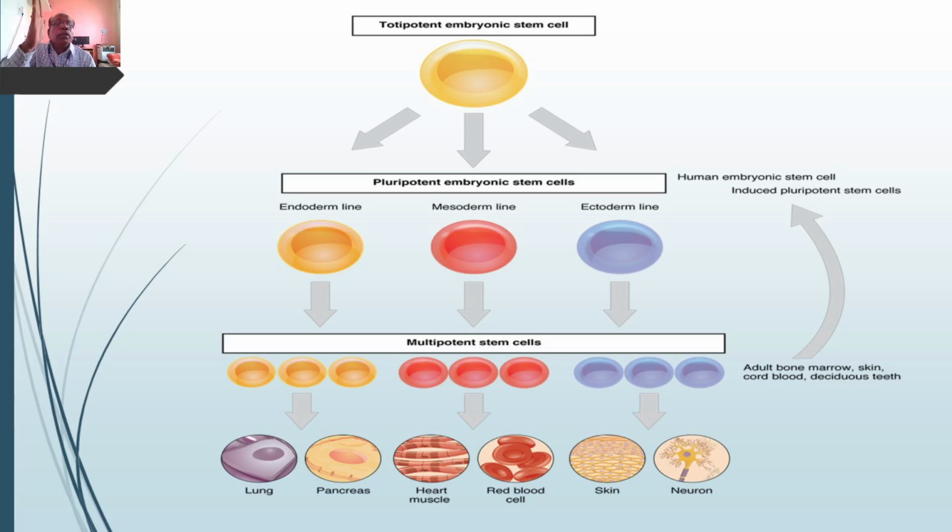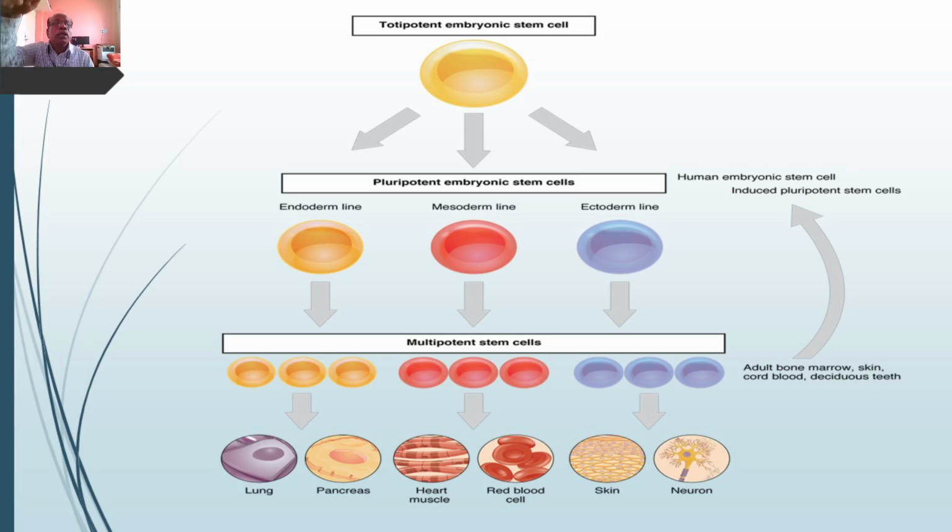The ectodermal line will be transformed into the multipotent stem cells for the organs or tissues of ectodermal origin, examples of which are the skin and neuron. The entire body wall or body covering, the skin, is of ectodermal origin. Even the nervous system is of ectodermal origin.